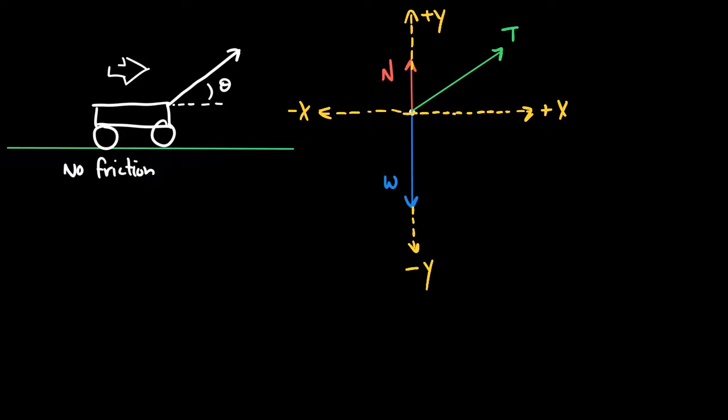The angle in my diagram has to match the angle in the picture. The angle is given to me relative to the horizontal. It's accelerating horizontally. That's my coordinate system. Drawing the coordinate system is challenging. It seems easy, but it's the most important decision you can make. It can make or break your ability to do the problem.